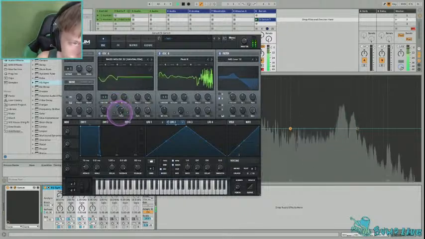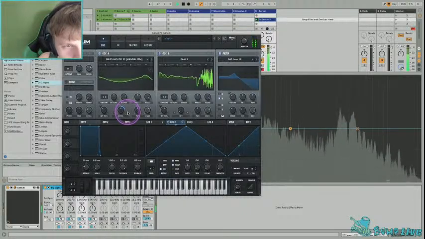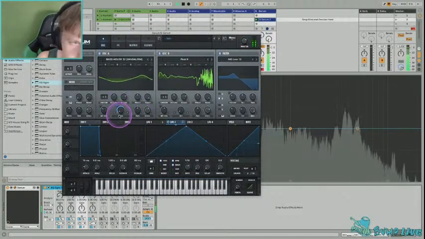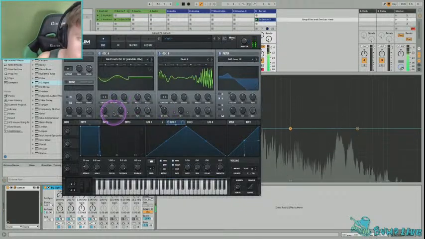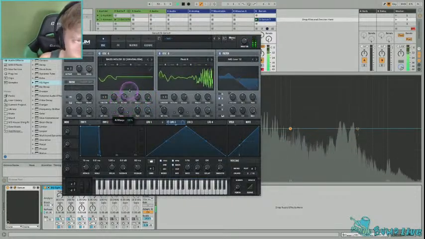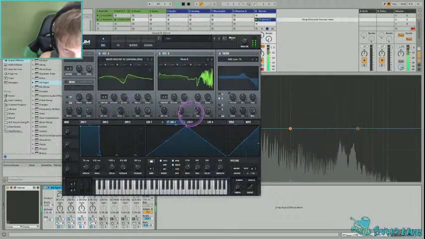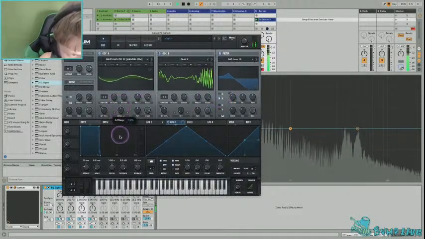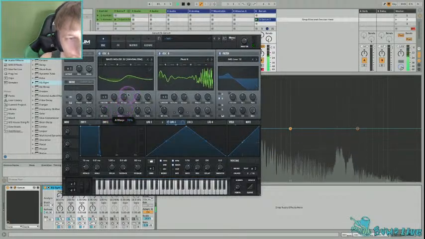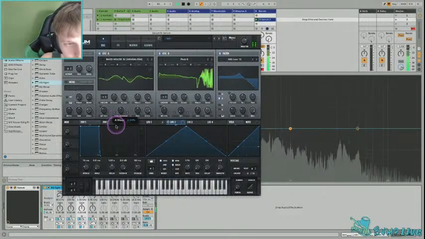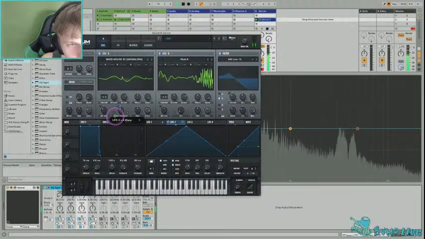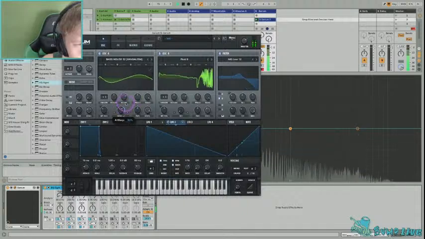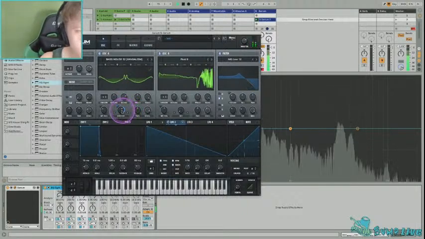Maybe I'll have another LFO that's a little bit faster and move something else about the wave. That doesn't do much. Oh, there we go.